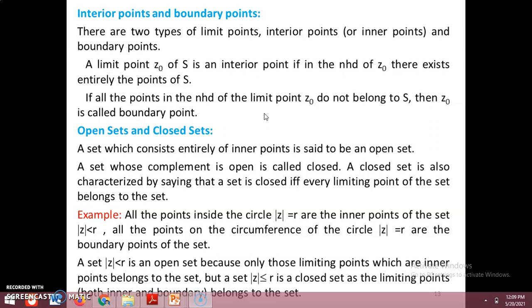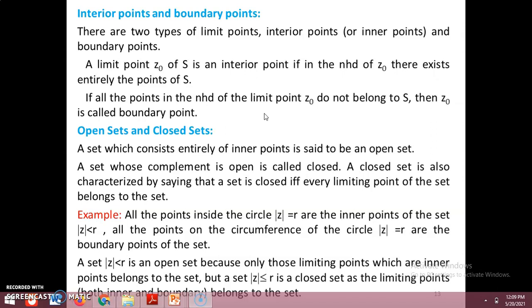A closed set is also characterized by saying that a set is closed if and only if every limiting point of the set belongs to the set. That means it includes the boundary points, the points on the boundary.